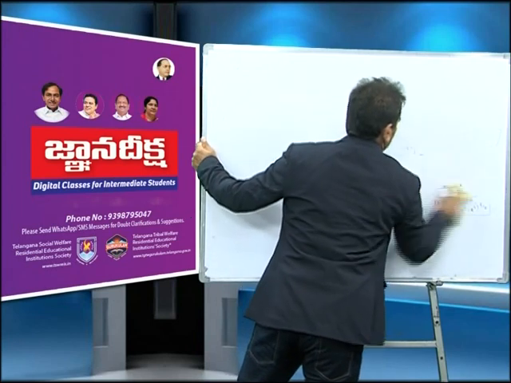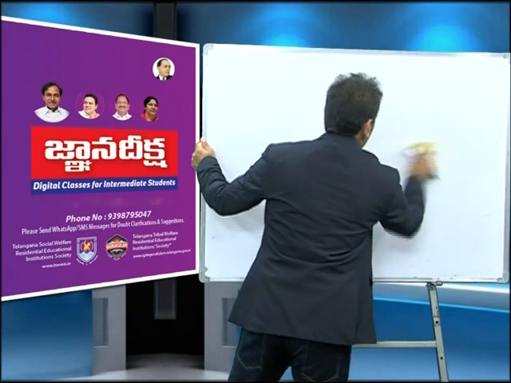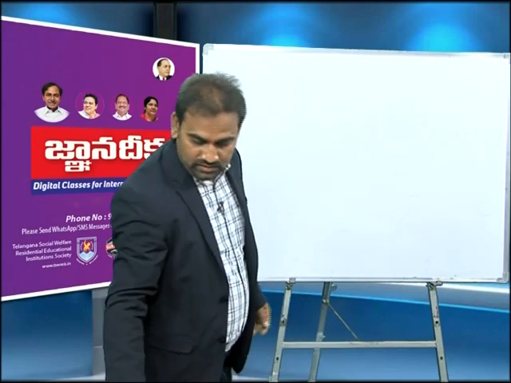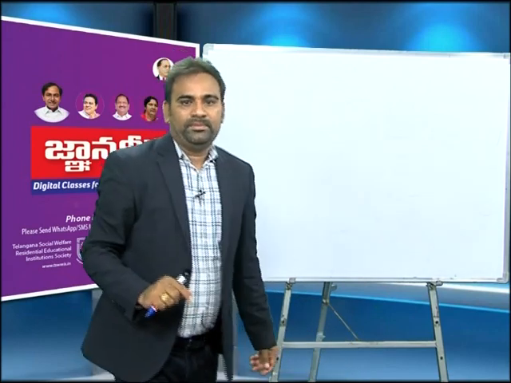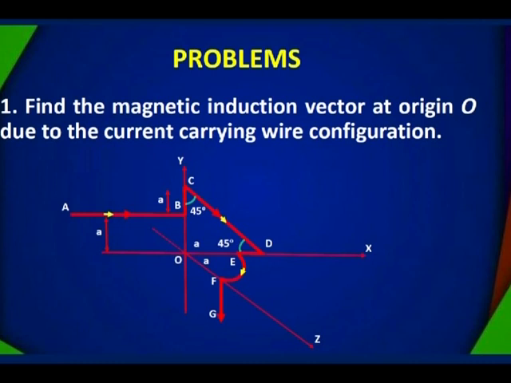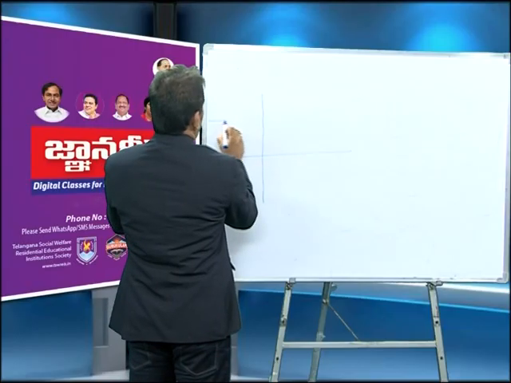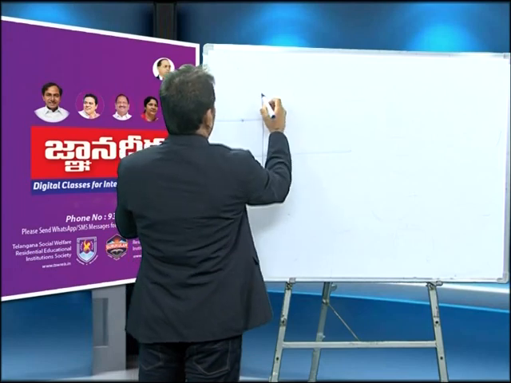The first one: find the magnetic induction vector at origin O due to the current carrying wire configuration as shown in the figure. The figure was given, and the current is carried along the direction like this.